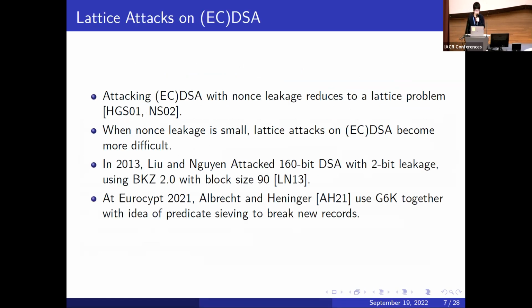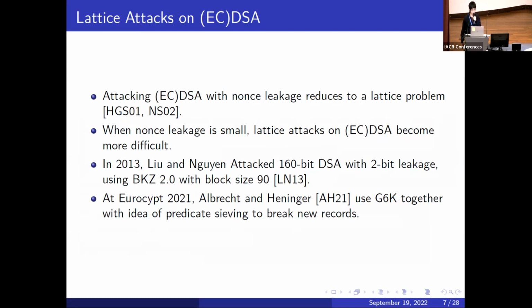For lattice attacks on ECDSA, 20 years ago, Howgrave-Graham and Smart, and later Nguyen and Shparlinski, found that attacking ECDSA with nonce leakage reduces to a lattice problem. However, when the nonce leakage is very small, the lattice attacks become more difficult.